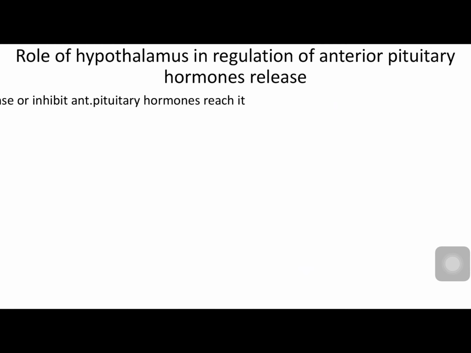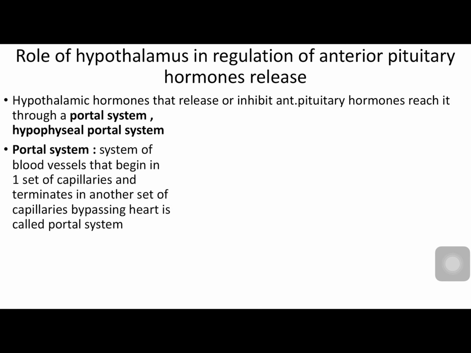Now, what is this portal system? Let us see. The hypothalamic hormones that release or inhibit the anterior pituitary reach it via the hypophyseal portal system. Now, what do you mean by portal system?